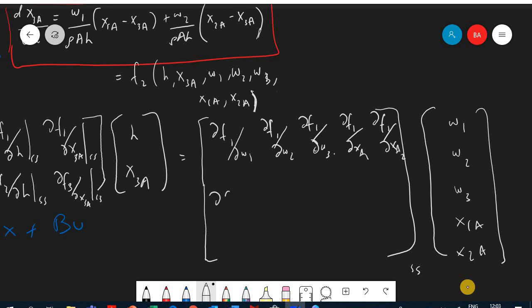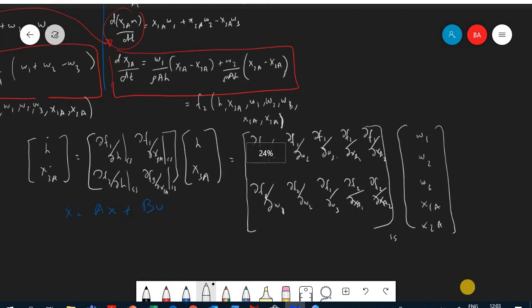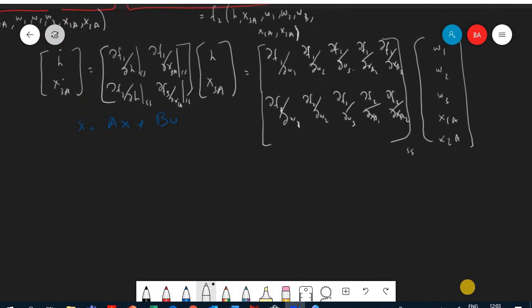Then you have the partial differential of the second function by dw1, and then df2 by dw2, df2 by dw3, df2 by dxa1, and df2 by dxa2. So this is the big matrix that I have for my system here.